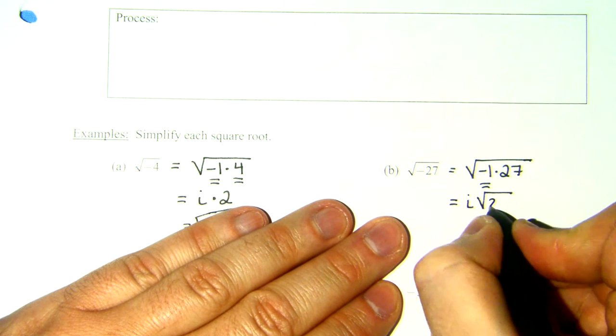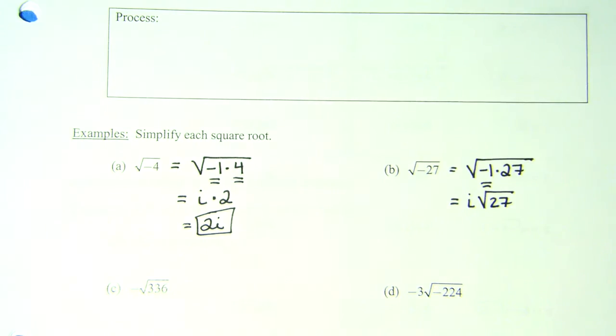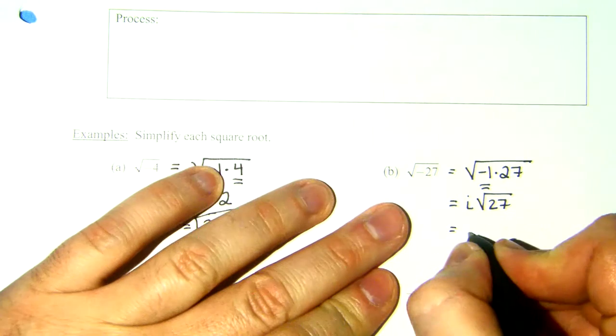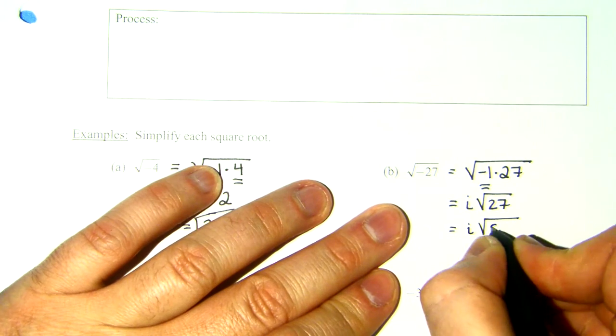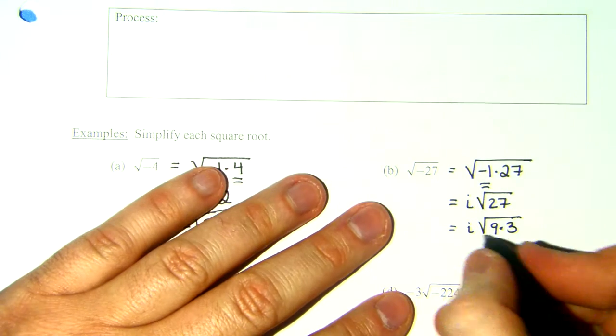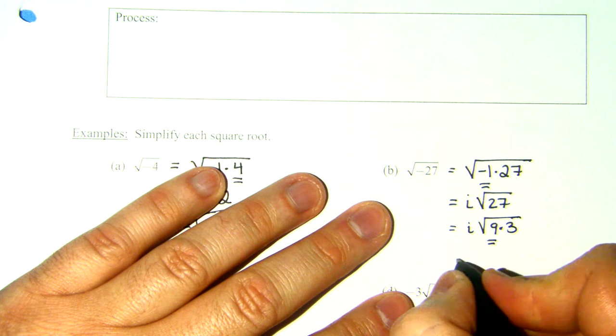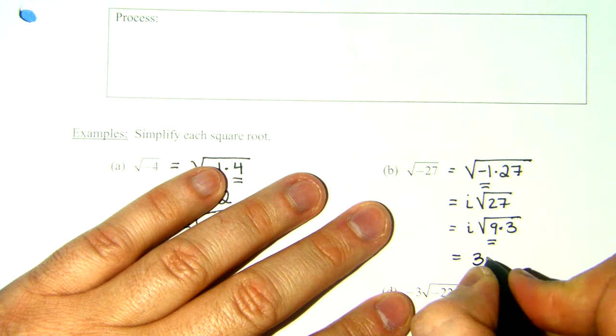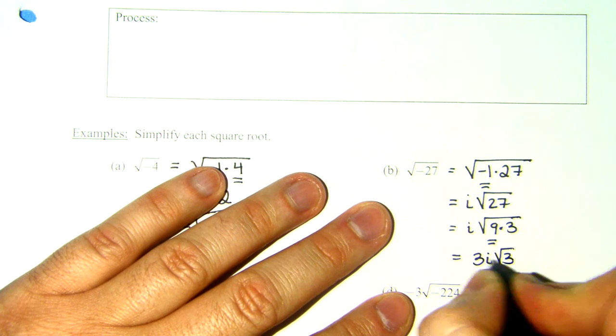I'm going to write i root 27. Well, now I'm just going to continue simplifying this normally. I'm going to break down that 27 into 9 times 3. The square root of 9 is 3. I can move that out front, and I'm going to get 3i root 3.